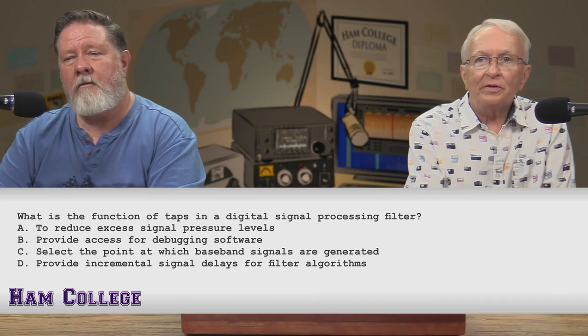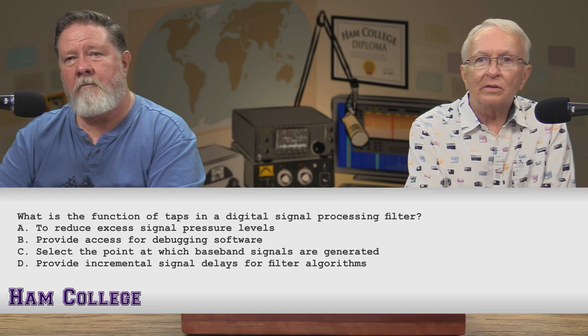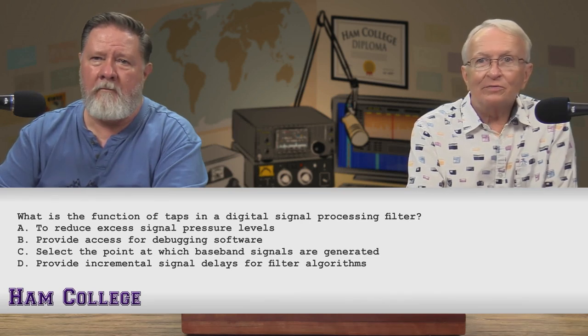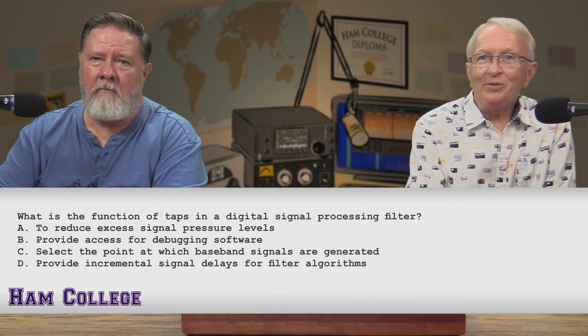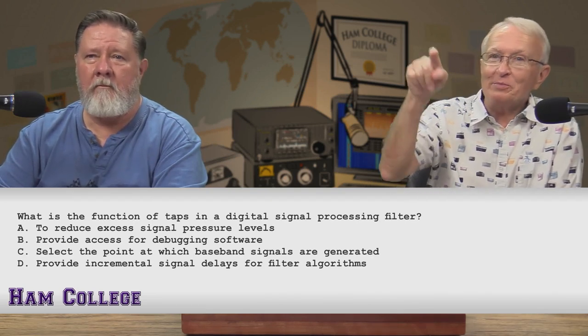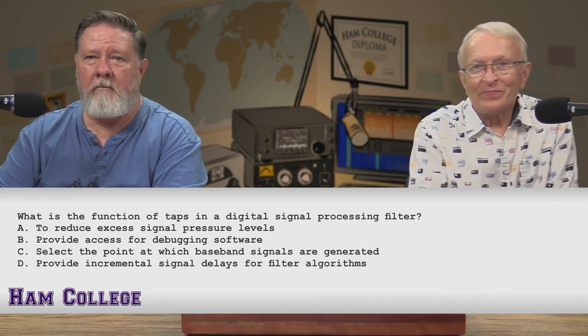What is the function of taps in a digital signal processing filter? A, to reduce excess signal pressure levels. No. B, provide access for debugging software. You would think maybe this is one of those trick answers. You'd think, well, I could tap in here and debug it. No, that's not what that is.